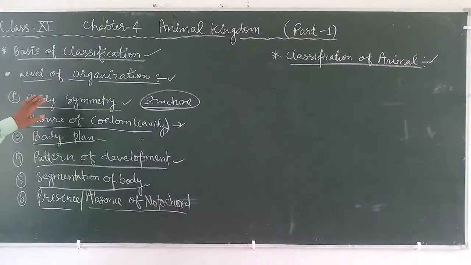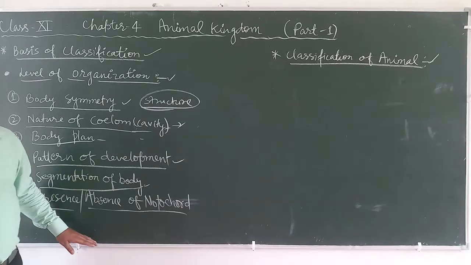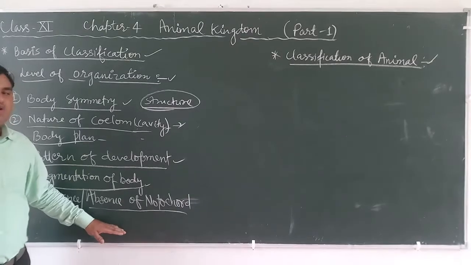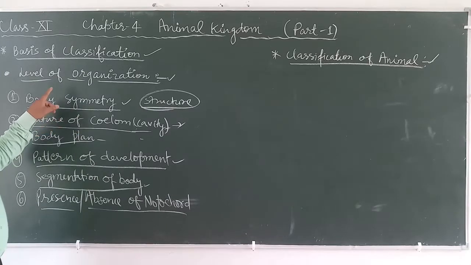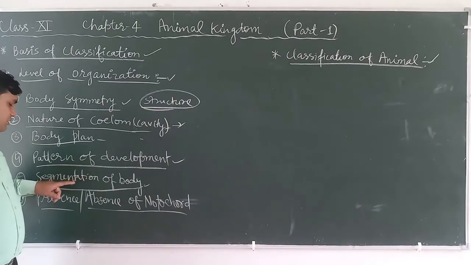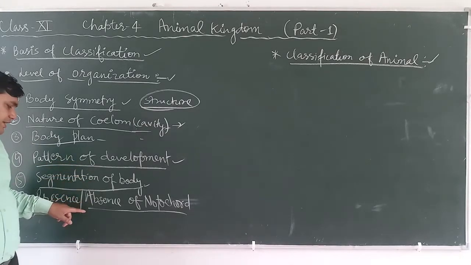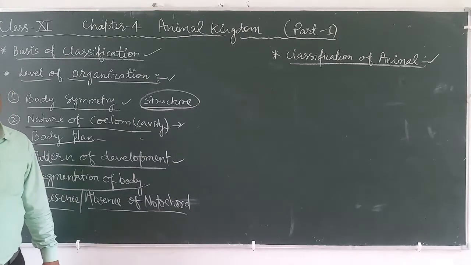So these are the basics: level of organization, body symmetry, nature of coelom, body plan, pattern of development, segmentation of body, and presence or absence of notochord. We will learn each one by one in detail in this chapter.